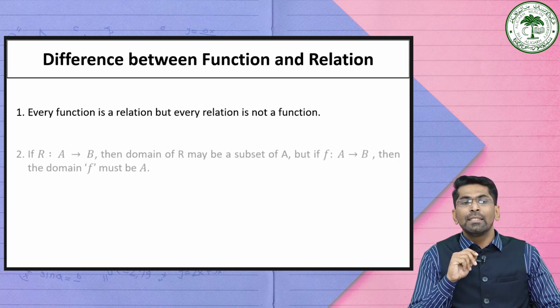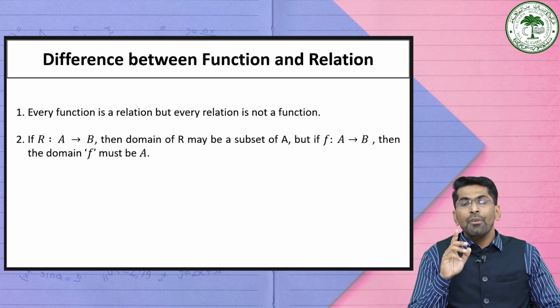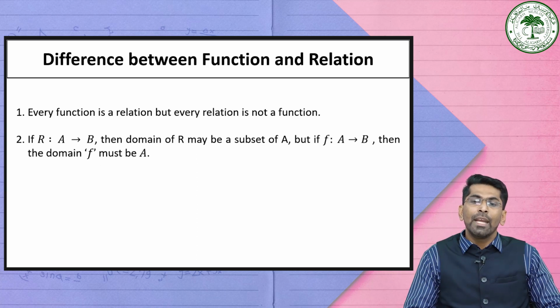Now the second difference is, if R is a relation from A to B, then the domain of R may be a subset of A. But if f is a function from A to B, then the domain of the function must be A. In a relation R, the domain is the set of all first components of the ordered pairs.